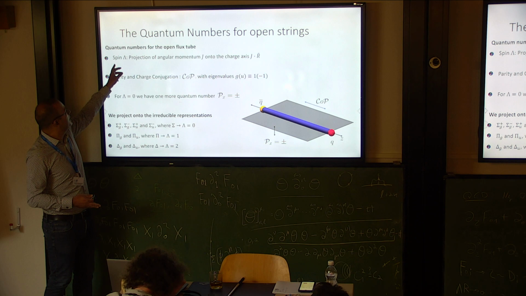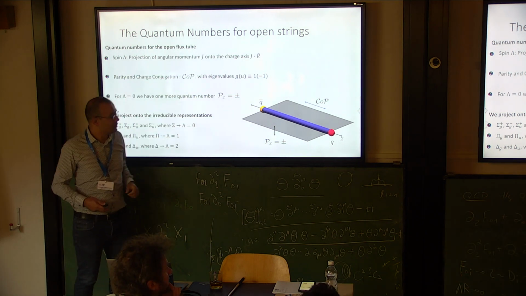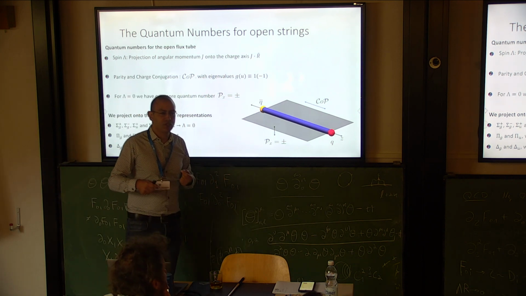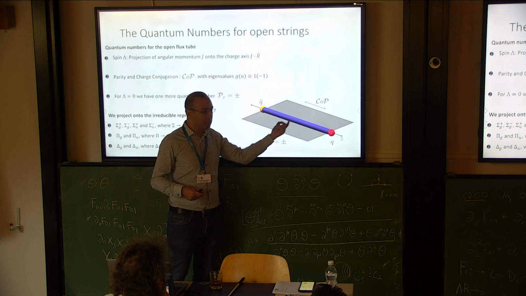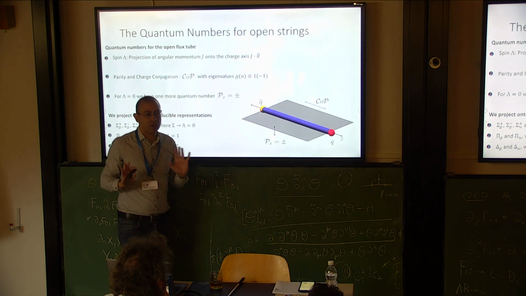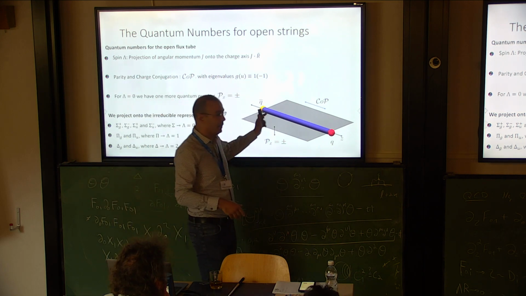The quantum number is the spin, which is the projection of angular momentum J onto the charge axis. We need to be careful here, because I received this question, whether this could also rotate around itself. No, this is not a rotating string. This is just a string with an intrinsic spin, okay?